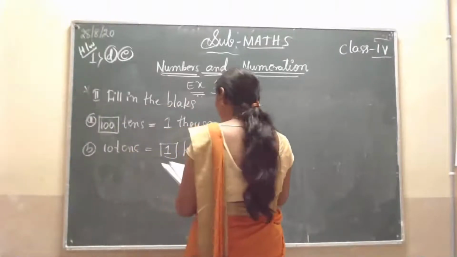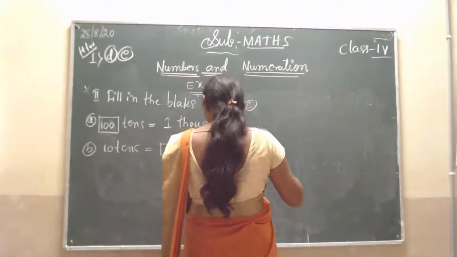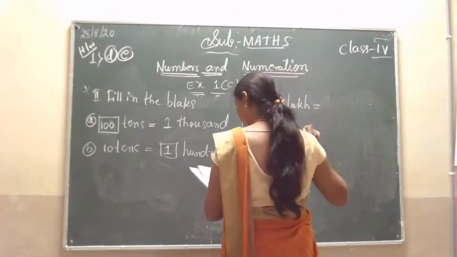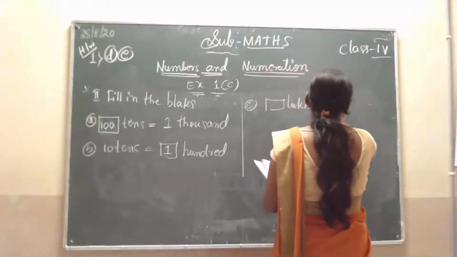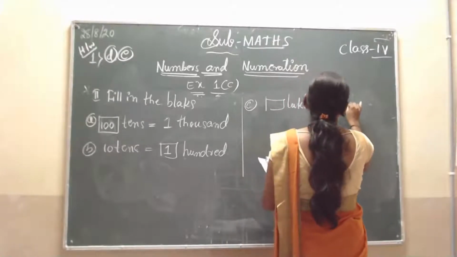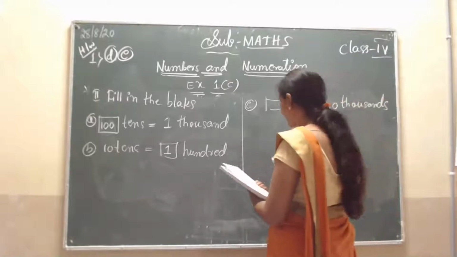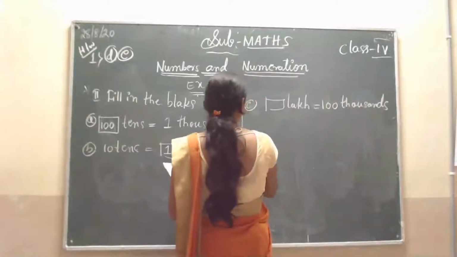Okay. In next, in C1, so what is the C? Dash lakh is 100 thousands.